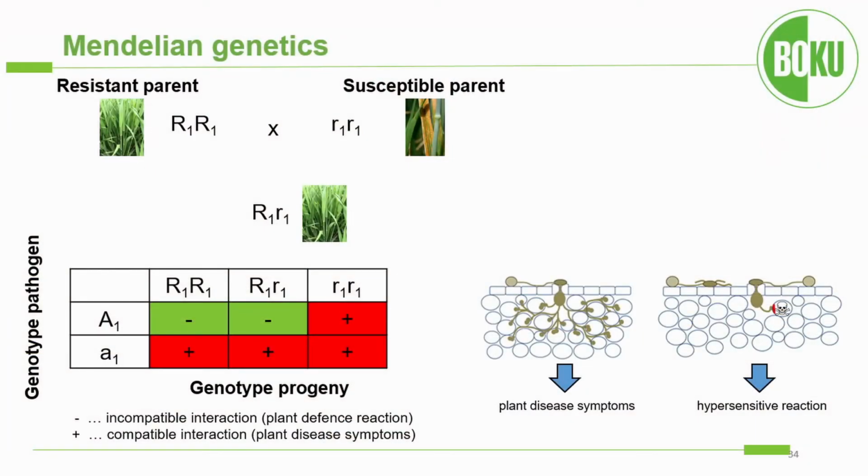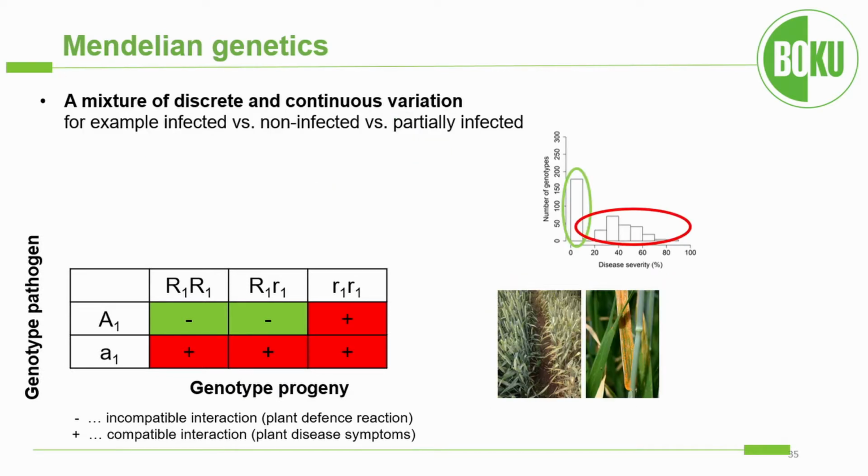It means that if the resistance gene comes together with the corresponding avirulence gene, the large A gene from the pathogen, then quite often they show this kind of hypersensitive reaction, and the plants are completely resistant.